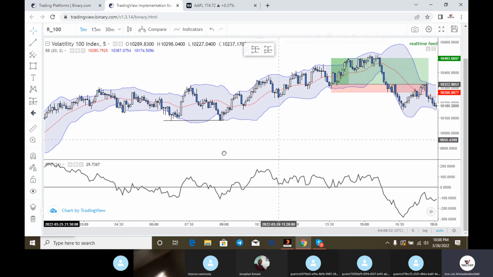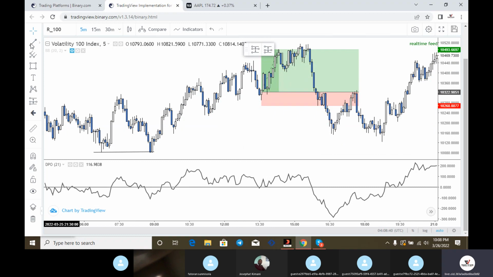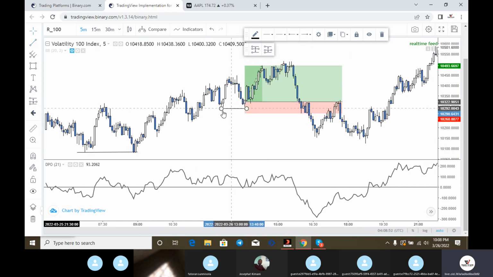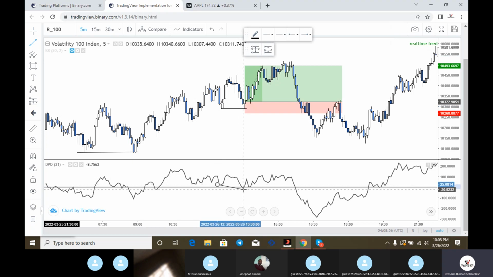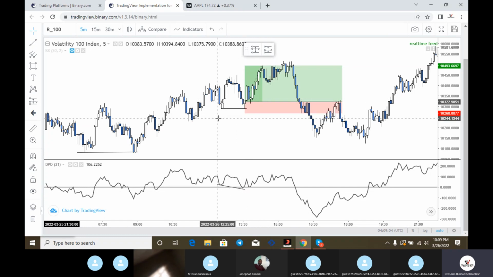I couldn't even spot any divergence, but at this point where we had this entry, there was a divergence. I'm not sure, but it looks like it's very hard to figure. This was facing up, while on our indicator window we had it facing down. So this was a slight divergence, more like a hidden divergence because we are trading alongside the trend.